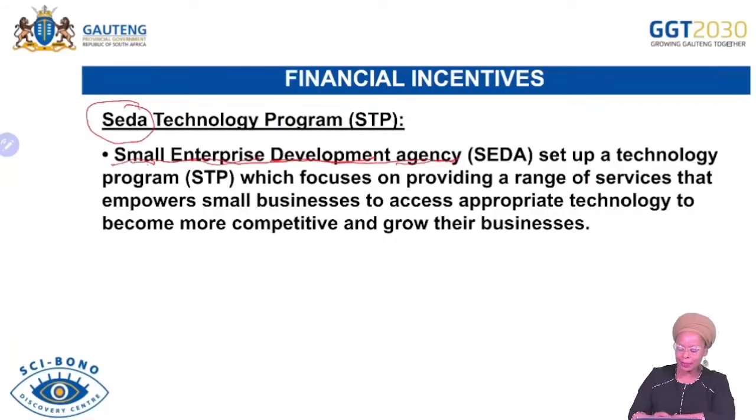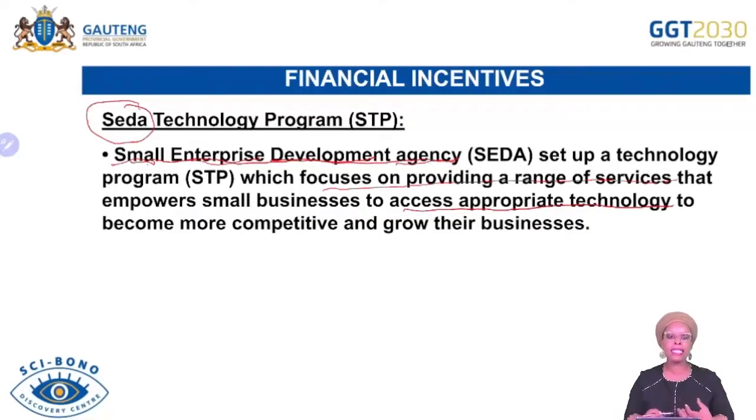Remember, when you produce goods in an industry, you need the main factors of production, and you also need to use appropriate technology. So this particular grant focuses on providing a range of services that empower the small businesses to access appropriate technology.